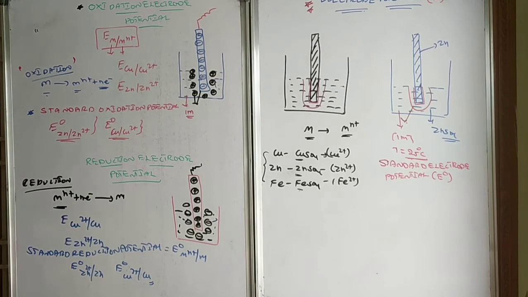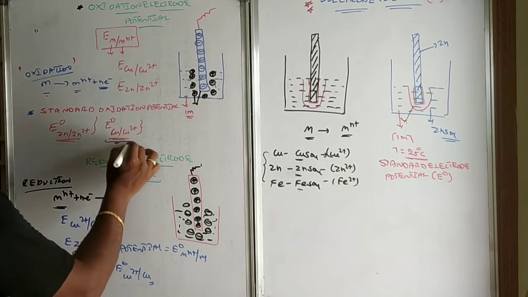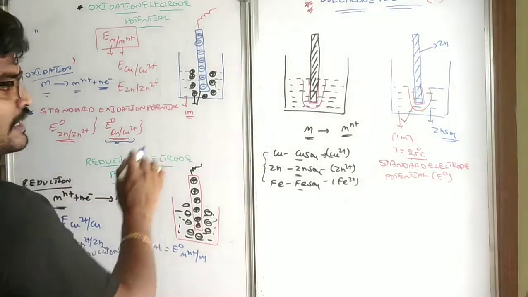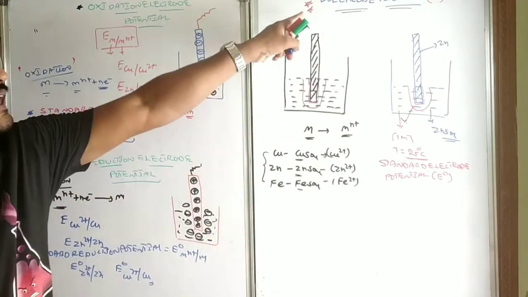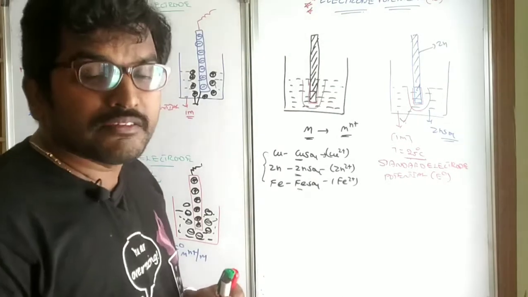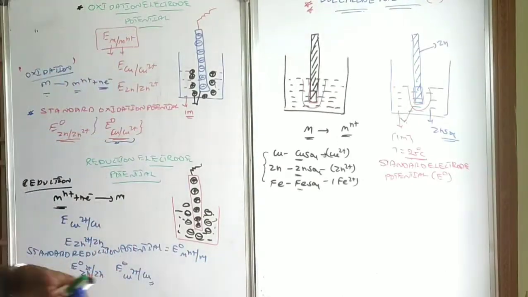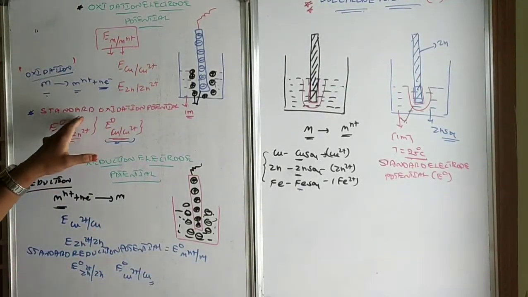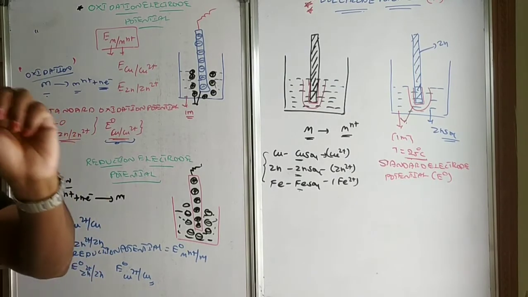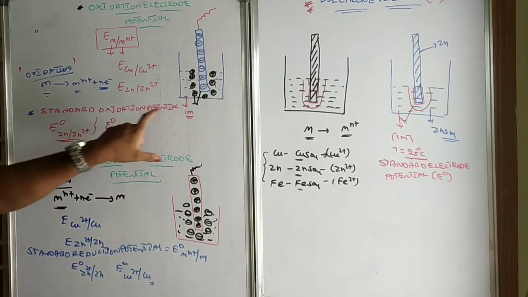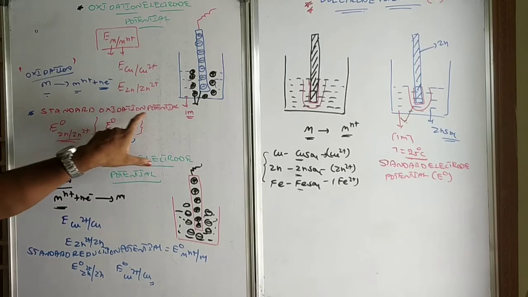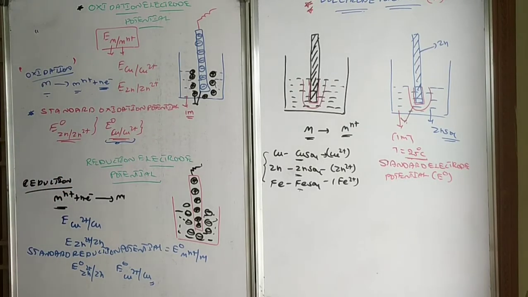Every student will have confusion in this case. Whenever you take any electrode and keep it in the electrolytic solution, the potential difference is the electrode potential. If that potential is because of the oxidation reaction, it is oxidation potential. If the electrolytic solution concentration is 1 molar, it is the standard oxidation potential.